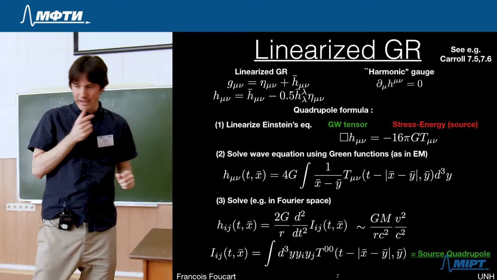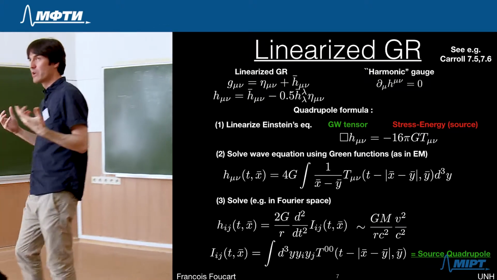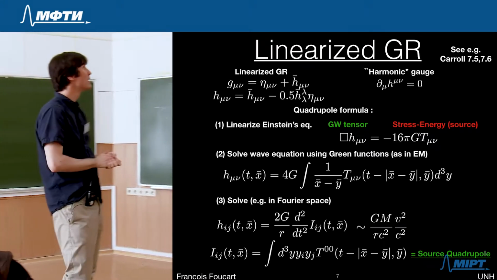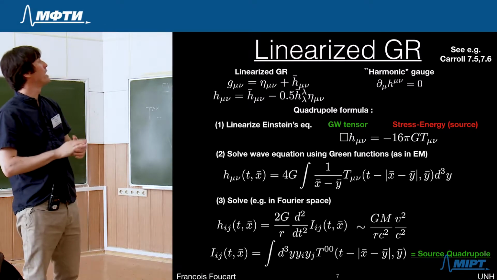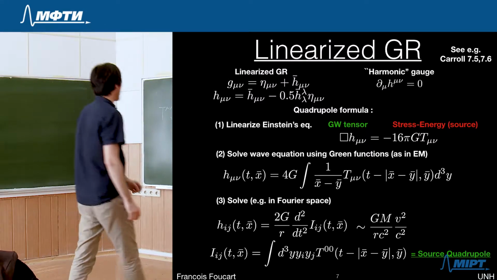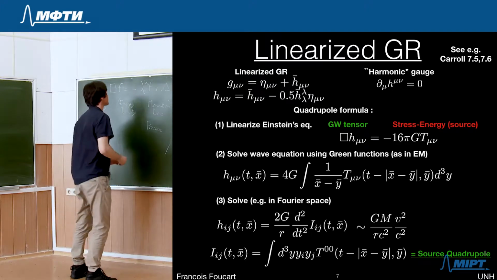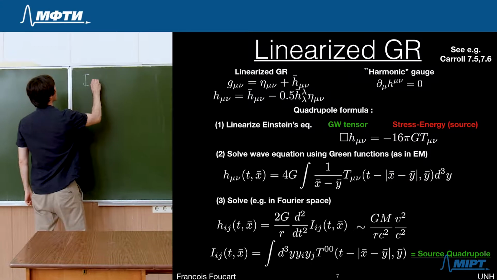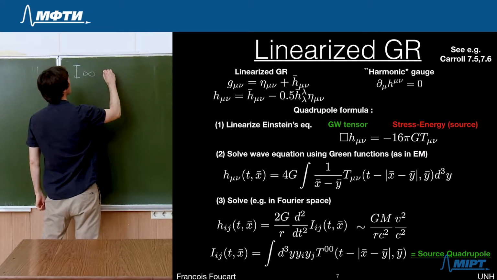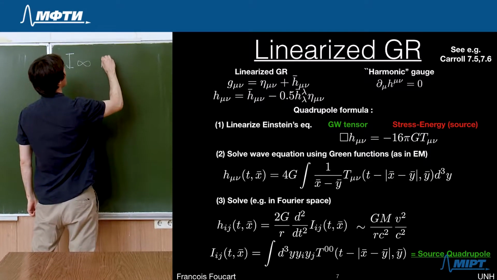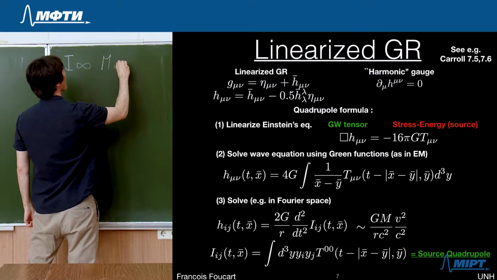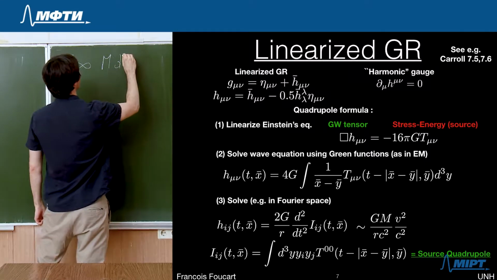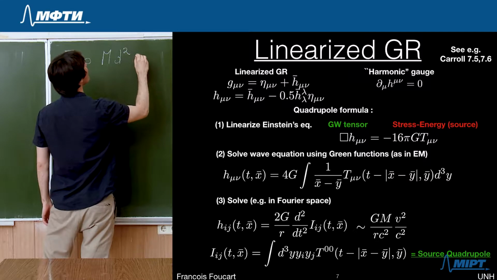We can also get an idea of what the amplitude of gravitational wave is, which is what we would like to detect. And to do that, we can replace the quadrupole moment roughly, for a binary system, the quadrupole moment is going to be proportional to the mass of the system times the binary separation squared.